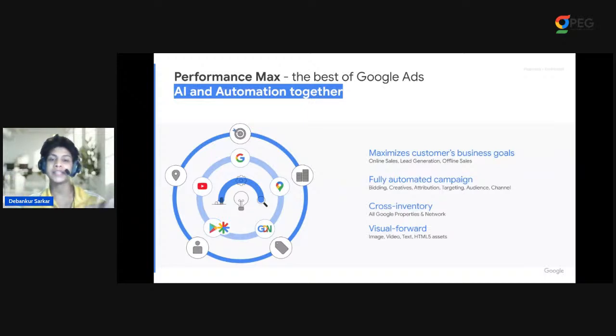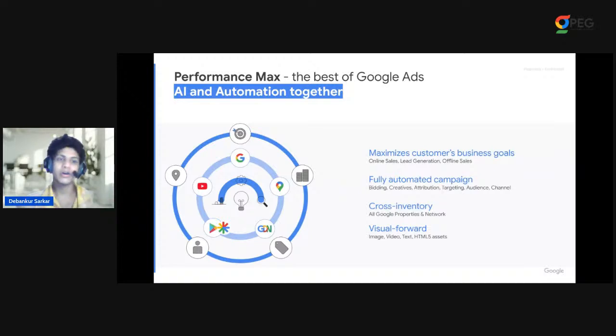Then it also operates across the entire Google Ads cross inventory. As we have seen, it's not limited to a single channel, allowing for a broader reach and more opportunities to connect with potential customers. And it's also inherently visual forward, right? PMax encourages the use of a variety of compelling visual assets, including images, videos, text, and even HTML5.